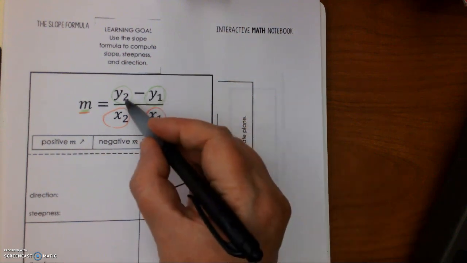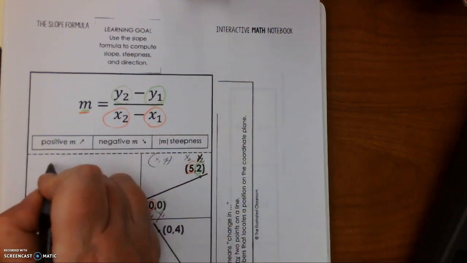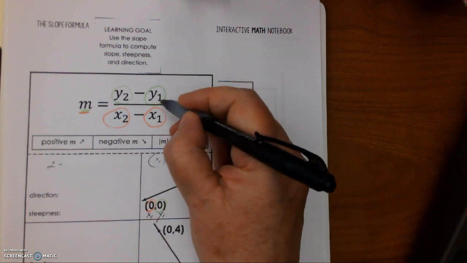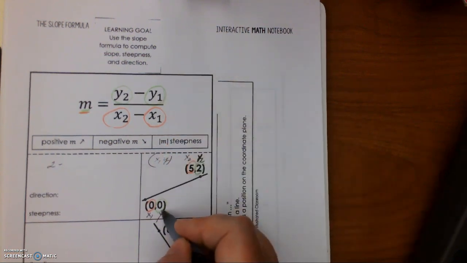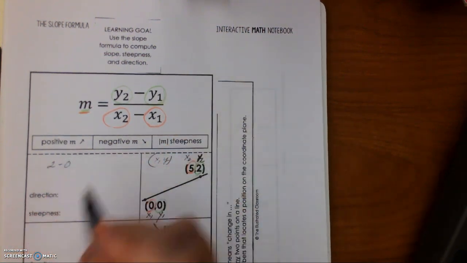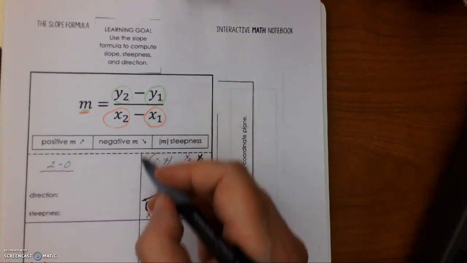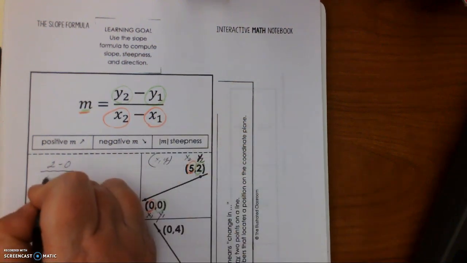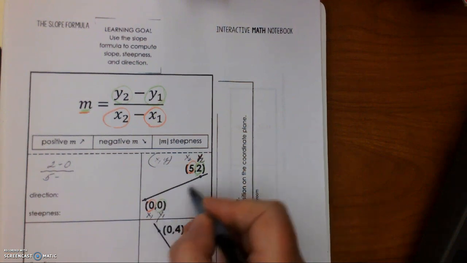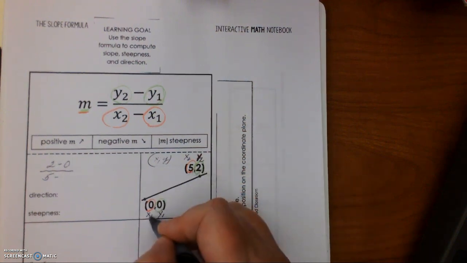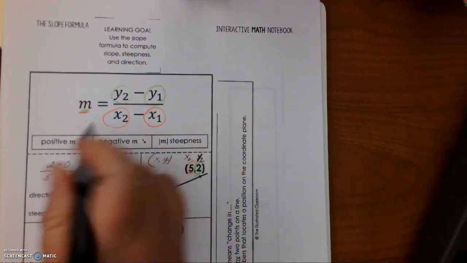So we're going to take y2, which is 2, and y1, which is 0, and then we're going to divide it by x2, which is 5, and x1, which is 0.